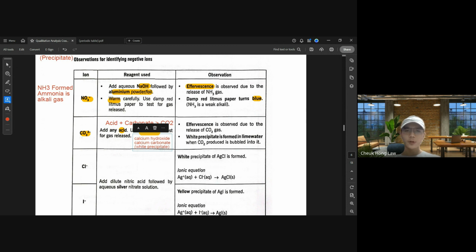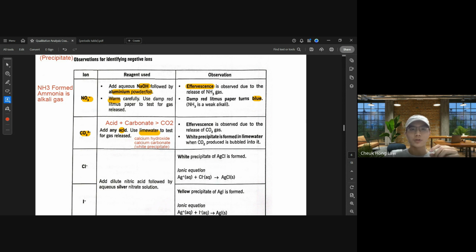We always learn that to test for carbon dioxide, bubble the gas into lime water and a white precipitate will be formed. But most of us don't know what the white precipitate or lime water is. So now I'm telling you, lime water is actually your calcium hydroxide, and the white precipitate is calcium carbonate. Carbon dioxide reacts with calcium hydroxide to form calcium carbonate.